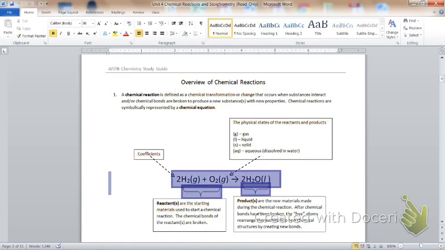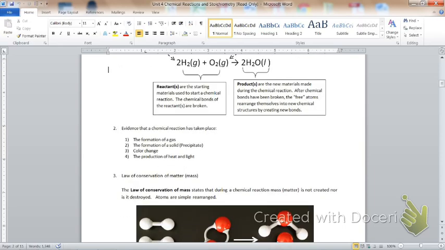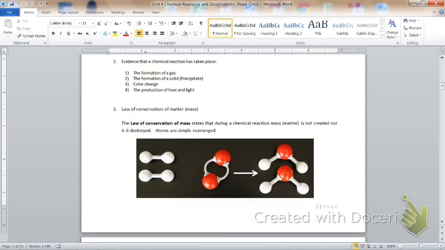Alright, so now let's take a look at evidence. In a chemical reaction, there are observations that you can make that will indicate that a chemical reaction has taken place.